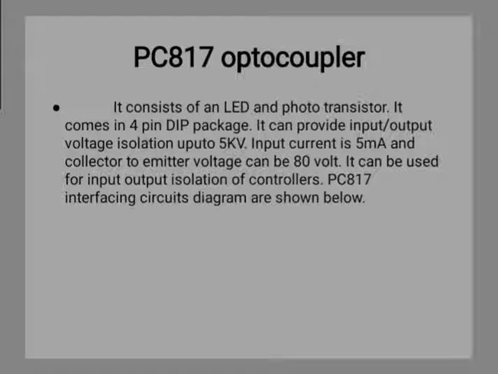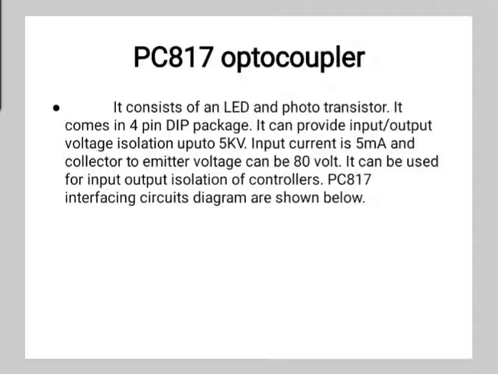It comes in a 4-pin DIP package, and it can provide input-output voltage isolation up to 5 kV, and the input current is 5 milliampere. And the collector to emitter voltage can be 80 volt, and it can be used for input-output isolation of a controller.